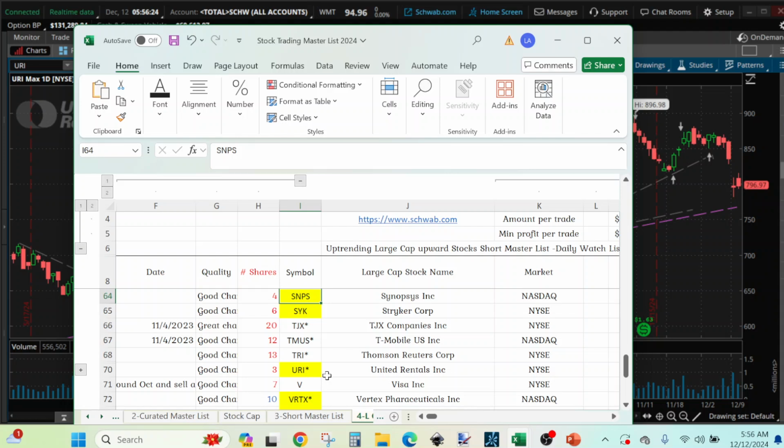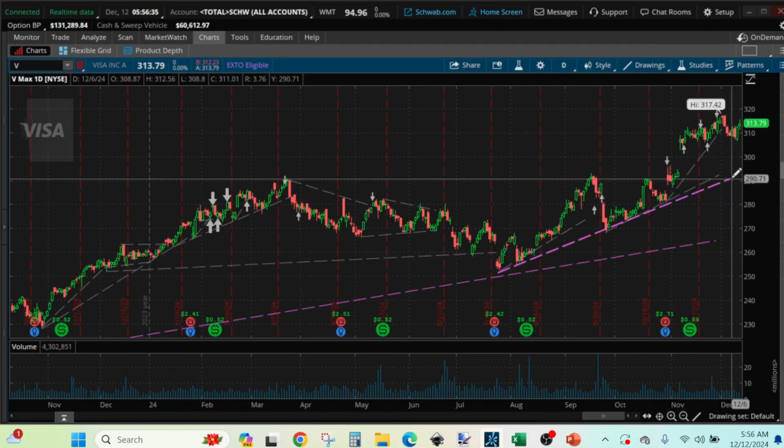So V, we are waiting on this line to buy. VRTX, okay, so we bought VRTX. It went up and pulled back and it's doing its things, but we bought it here, so good.